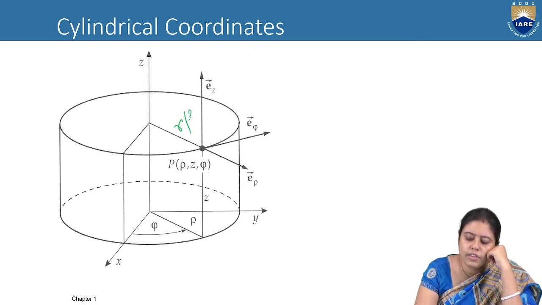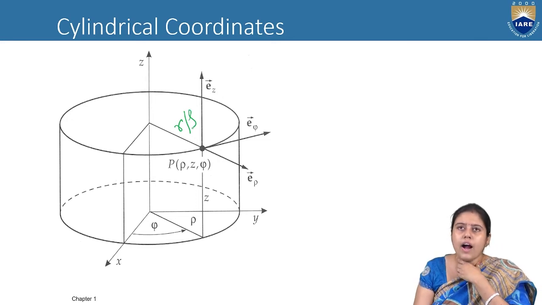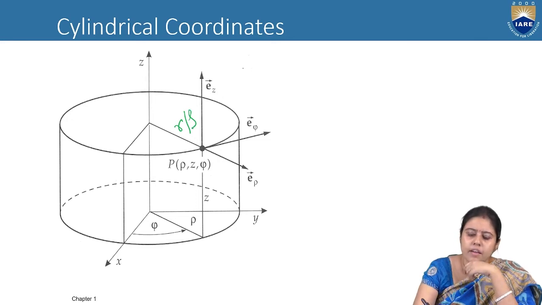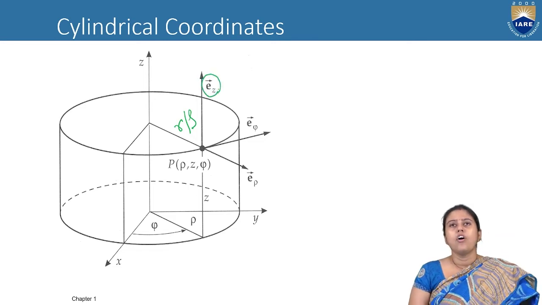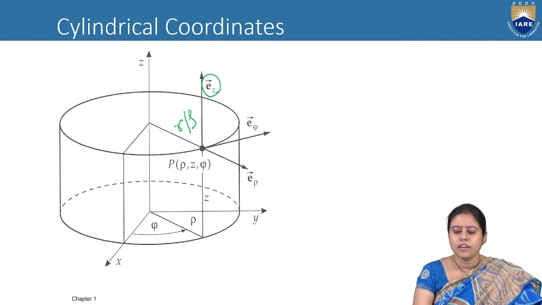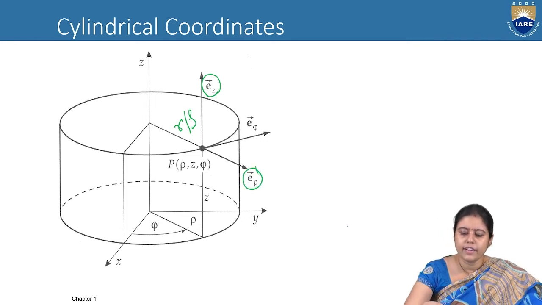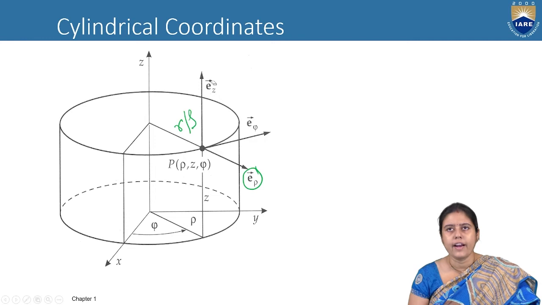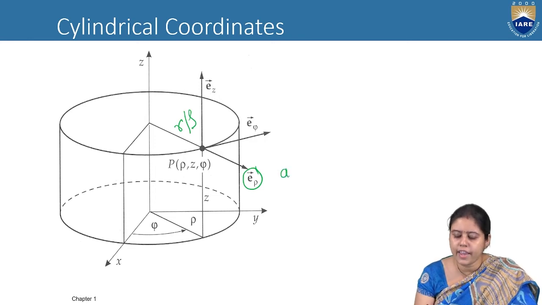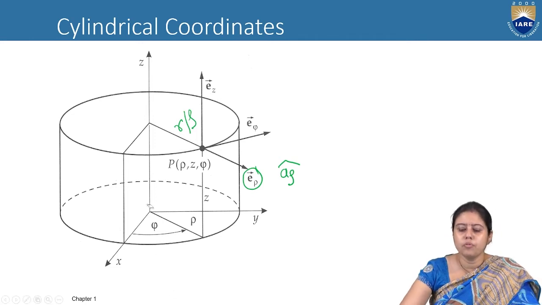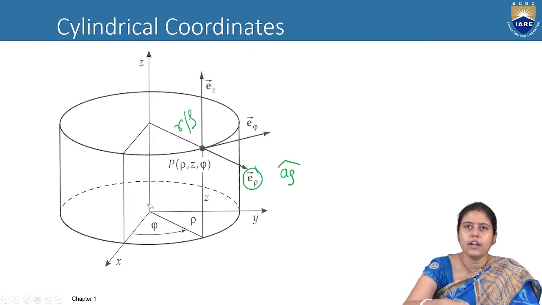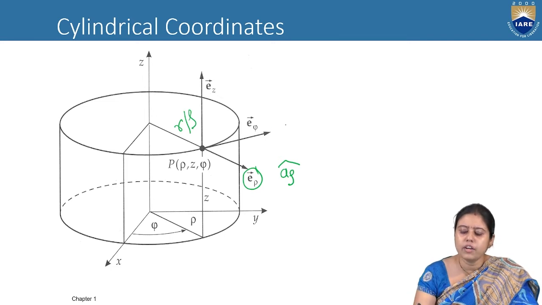We can write it as r or rho, and the unit vector will be rho hat. If we are thinking about the angle, say something is moving in a circular way, what is the unit vector?